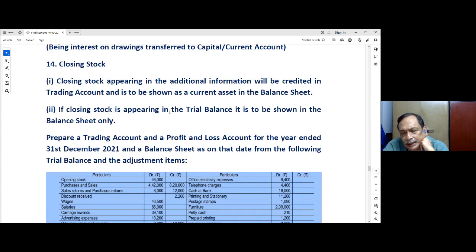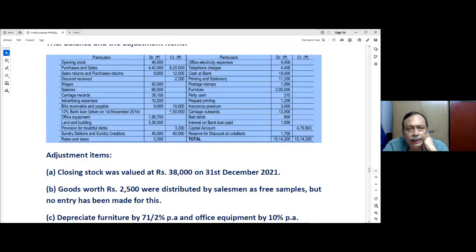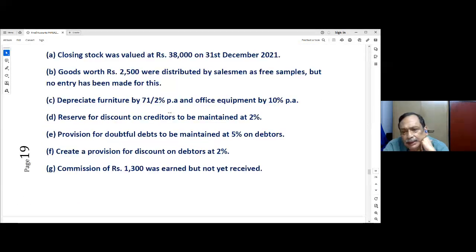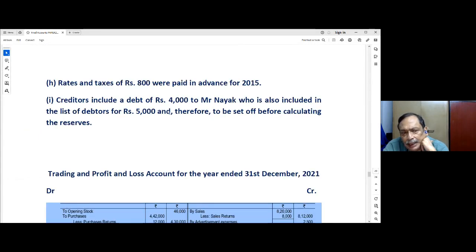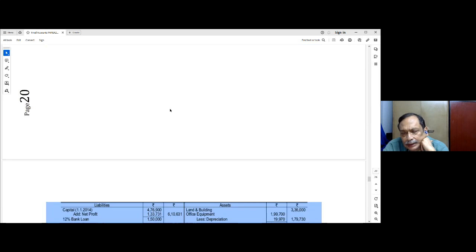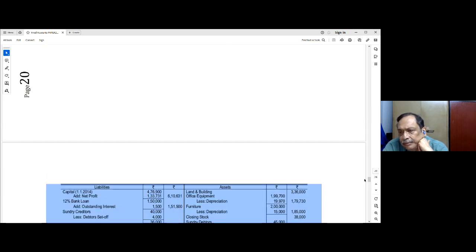Then we have said how the closing stock is to be taken into account. That we have discussed. And finally, we have discussed through examples how the trading and profit and loss account is prepared.